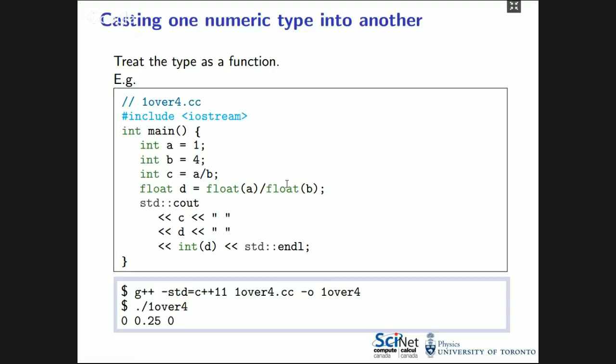Sometimes this is not possible, and the compiler will tell you, like you can't convert a string to an integer. Actually, it does make sense, but the compiler doesn't know how to do it. So float A over float B makes both these integers into floats, or just their values, and then the division becomes floating point, and it becomes 0.25 as it should.